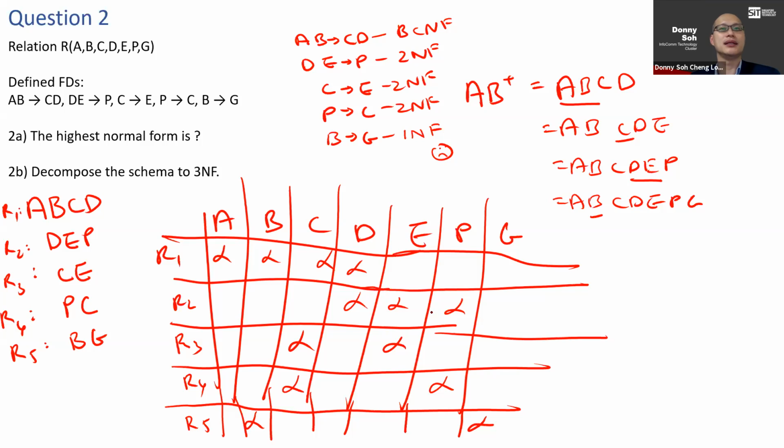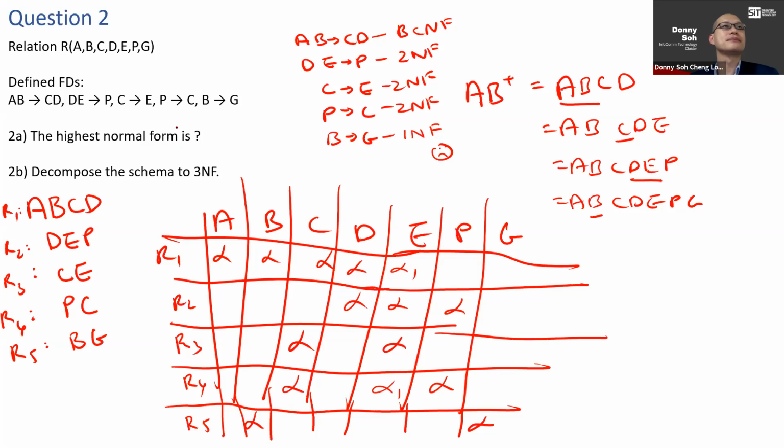D, E implies P, nothing we can do. C implies E, yeah, quite a lot of things. Sorry, C implies E, not P.